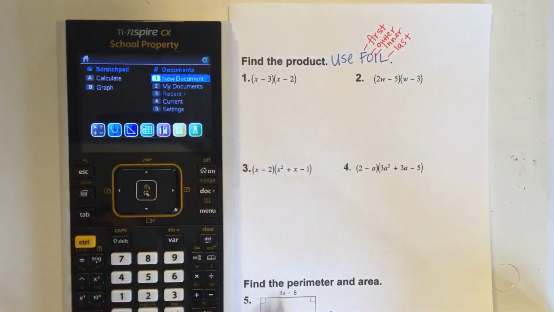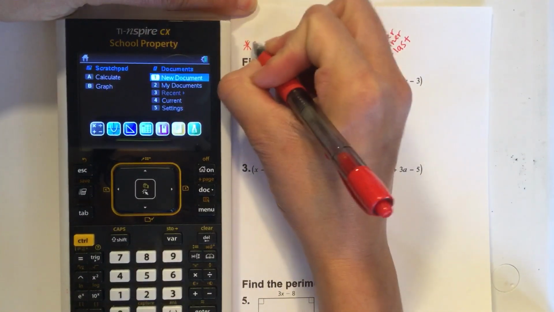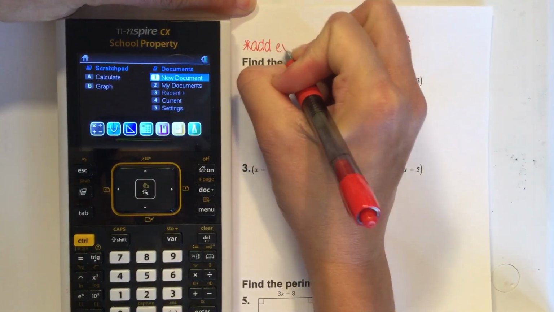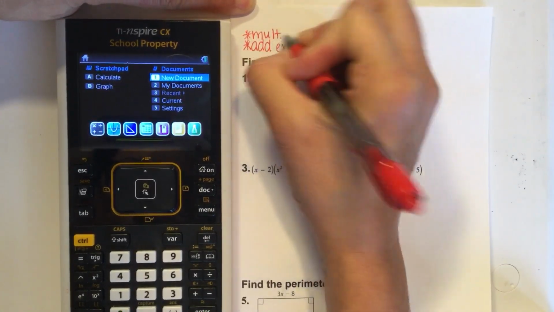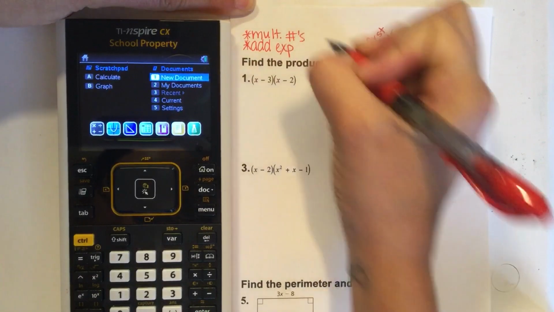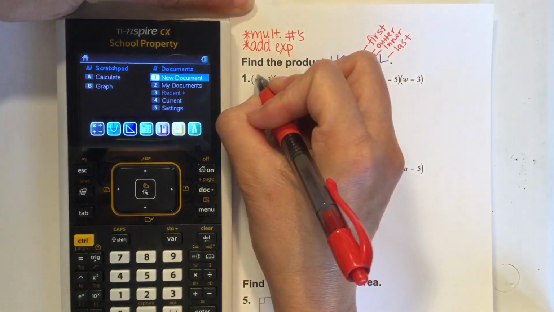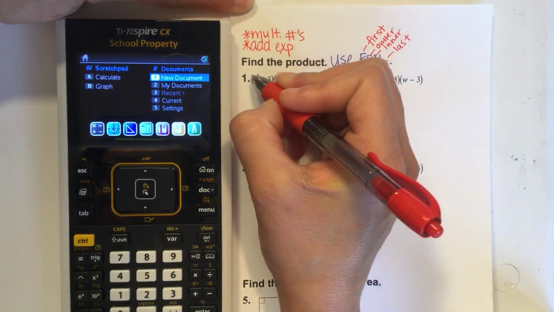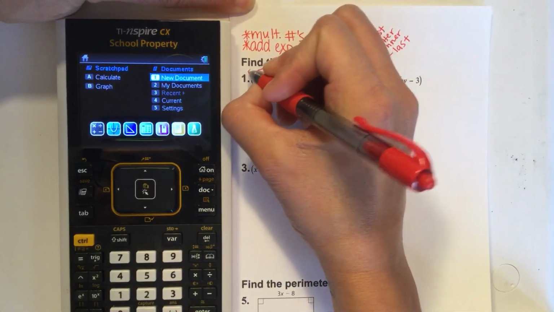We're going to multiply the first. When you multiply, add exponents, multiply numbers. Okay? So we're going to take x to the first times x to the first. This is first.